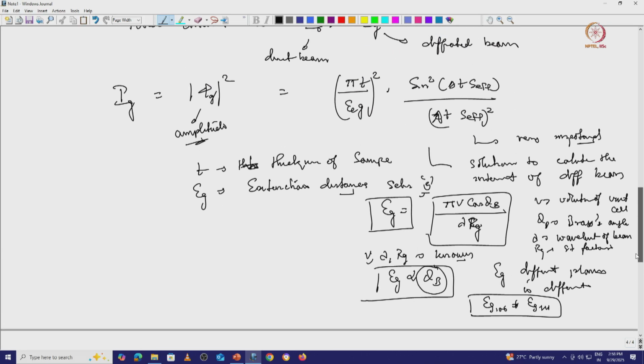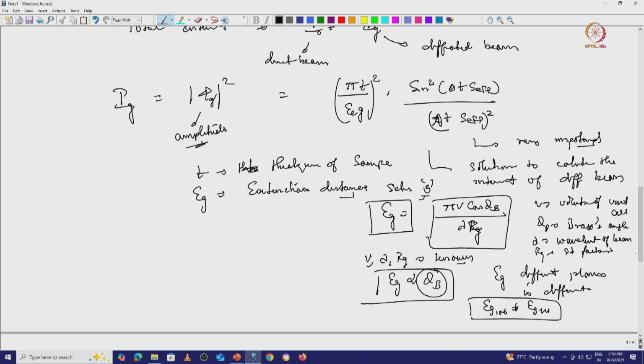Fine. Now there is another important term in this equation, S effective. Okay. This S effective is called effective excitation error. Effective excitation error. What is effective excitation error?